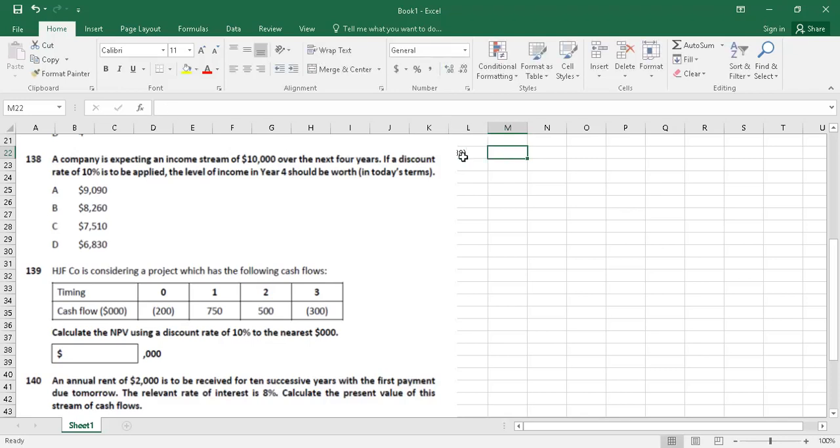The details given to us are the discount rate R is equal to 10%. The cash flow is given to us as 10,000. So what is the present value?